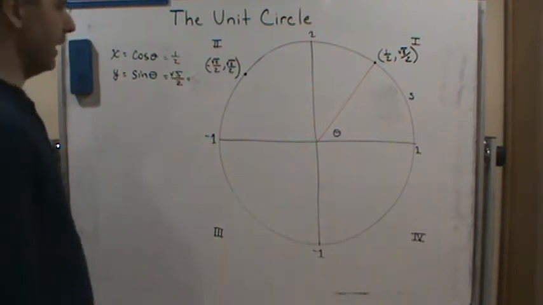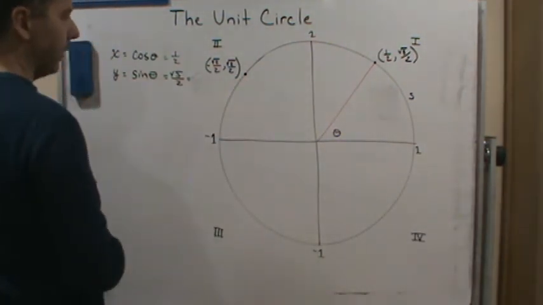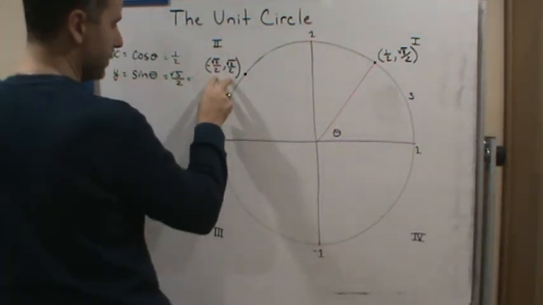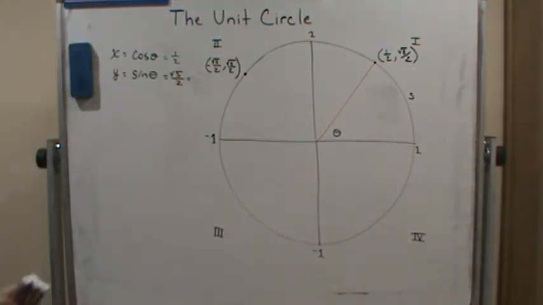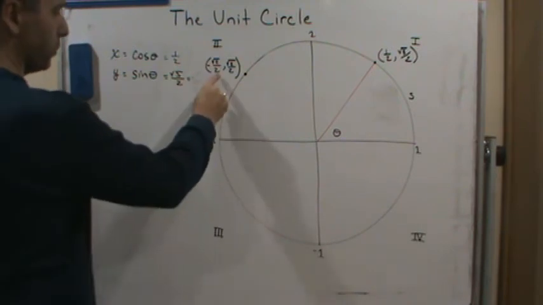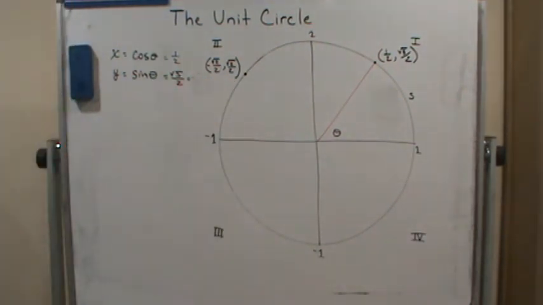Now what about the next one? Let's look at this point here. Again, we want to represent this point in terms of sine theta and cosine theta. Again, real easy. All you have to do is realize that x is cosine theta and y is sine theta, and that's it.